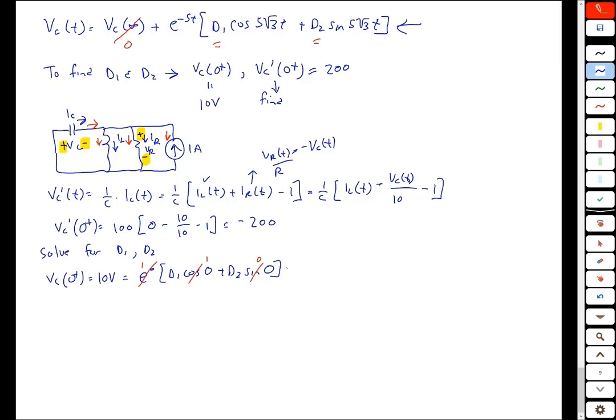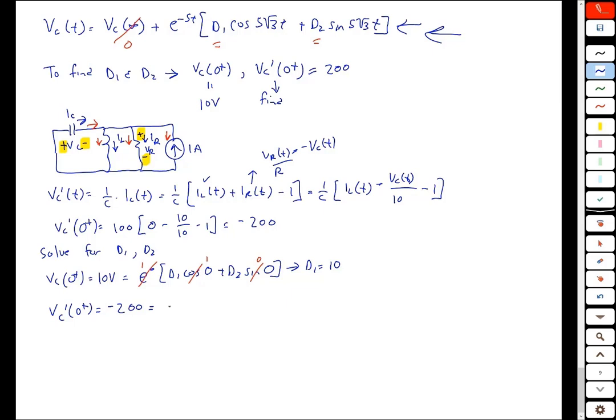We end up getting that D1 is equal to 10. To find D2 then, we know that VC prime of 0 plus, which was minus 200, was equal to the derivative of this expression here at time 0. So remember, the derivative of a product is the first times the derivative of the second plus the second times the derivative of the first.